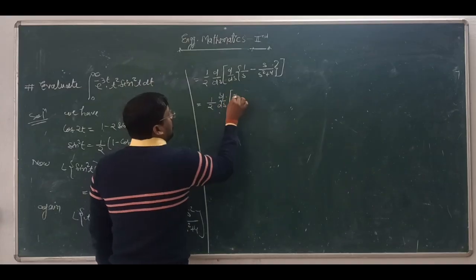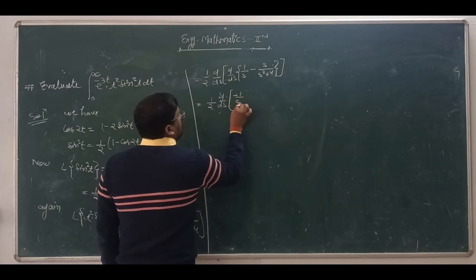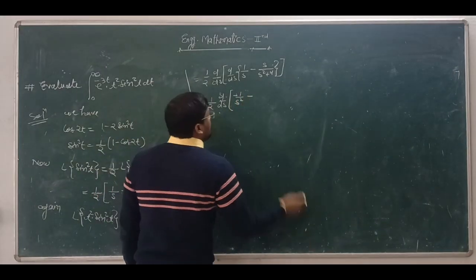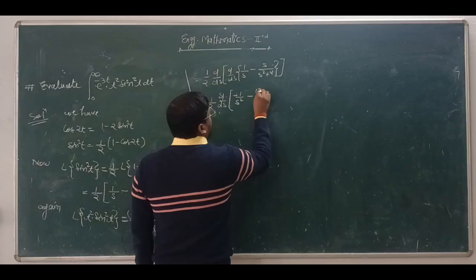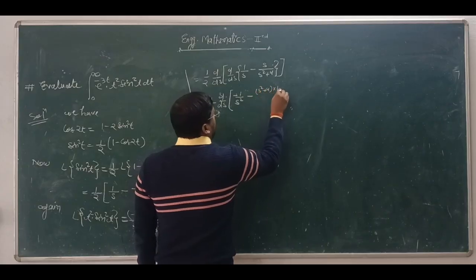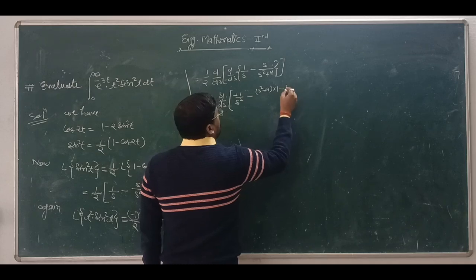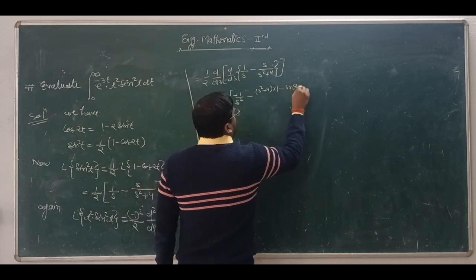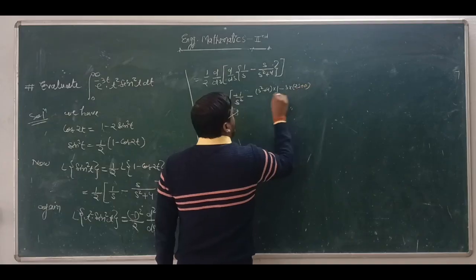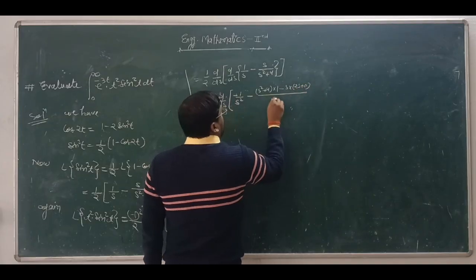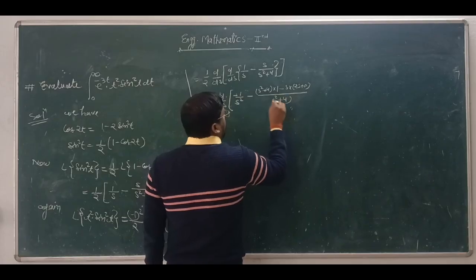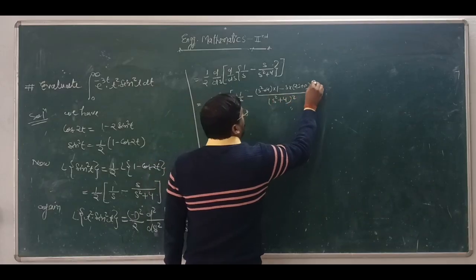The differential of 1 by s is minus 1 upon s square. Minus the differential of the second term: s square plus 4 into 1, minus s into 2s, plus 0, upon (s square plus 4) to the power 2.